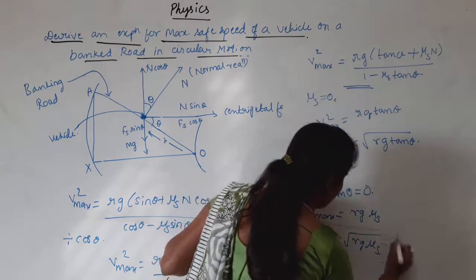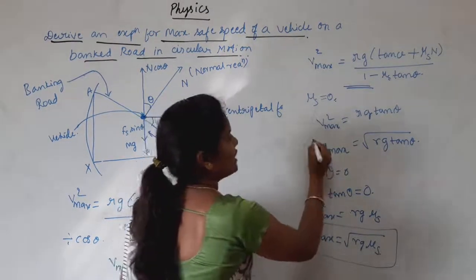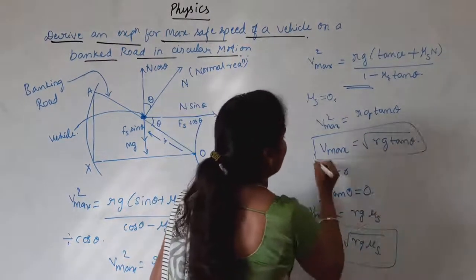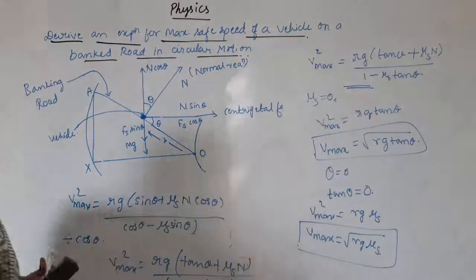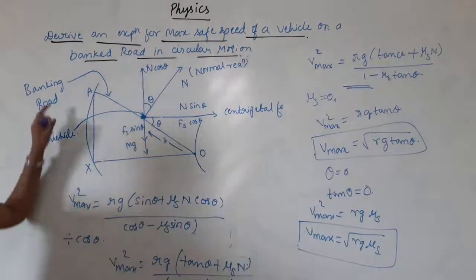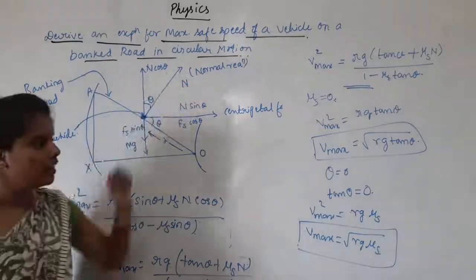This is the maximum speed when the vehicle travels on a road in a circular path.